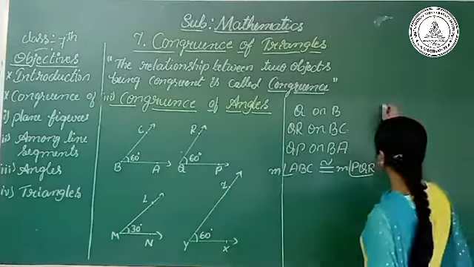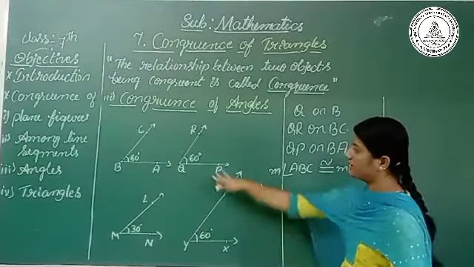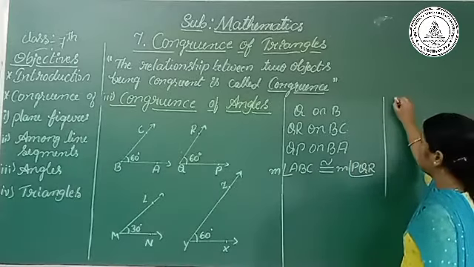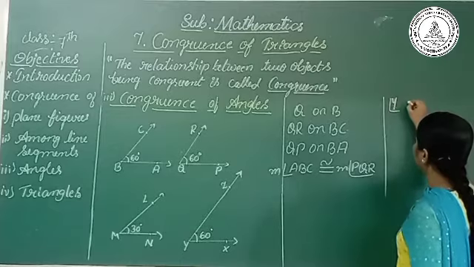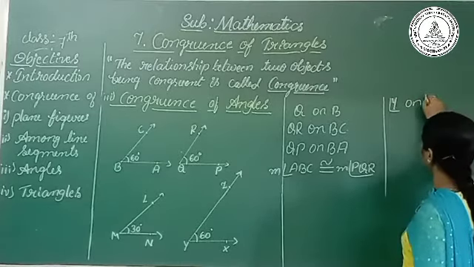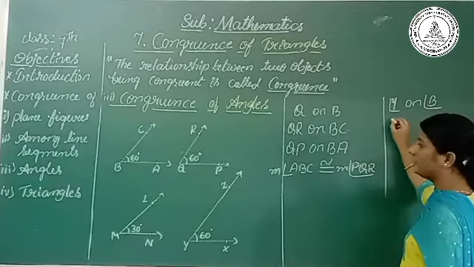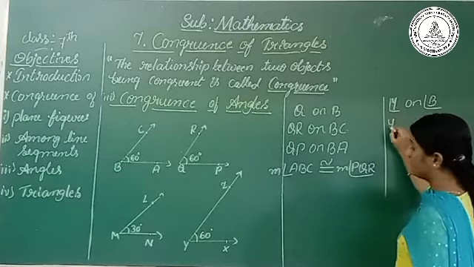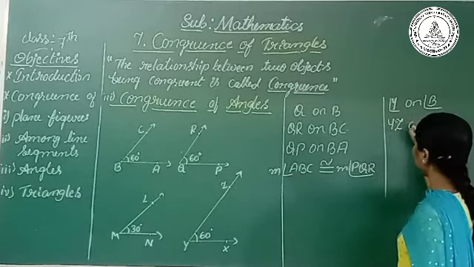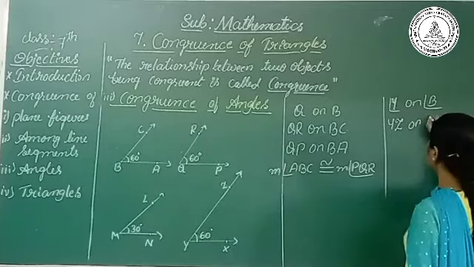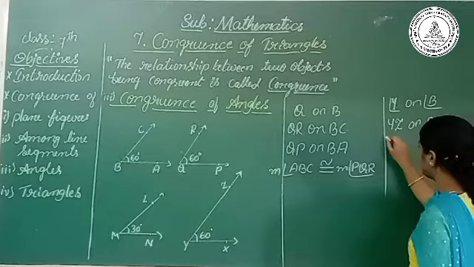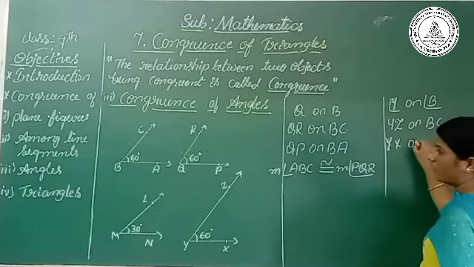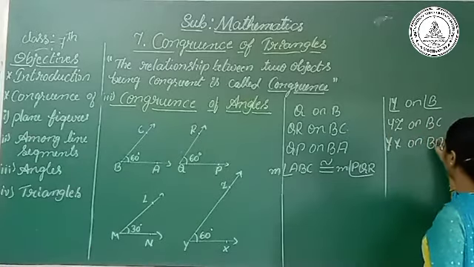So we write here, angle Y on angle B, the ray YZ on BC and YX on BA.